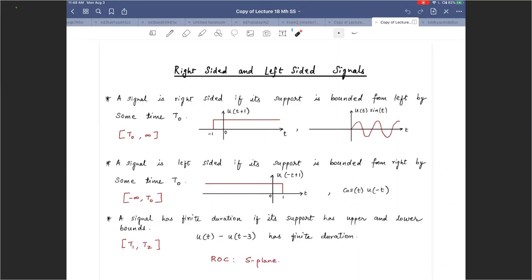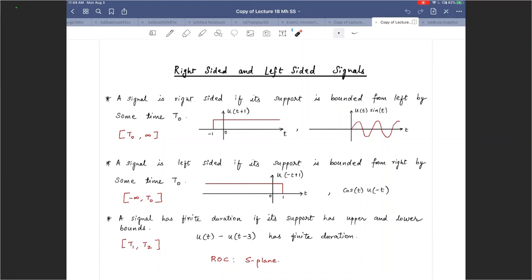Now let's talk, in a formal manner, about a right-sided signal, a left-sided signal, a two-sided signal, and a finite duration signal. So you have 4 possibilities for the signal type here, and all of these are looking at the time domain view of the signal. For everything here, the x-axis is time. The first one is the right-sided signal.